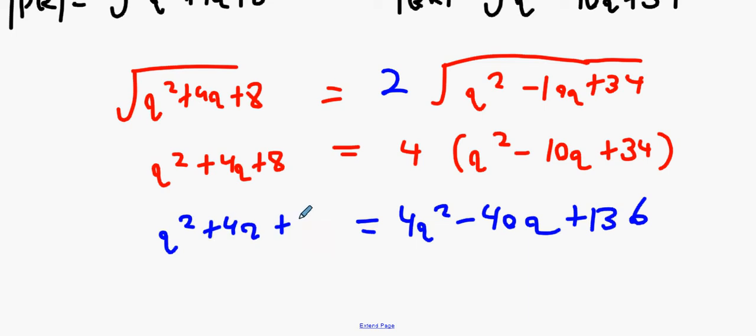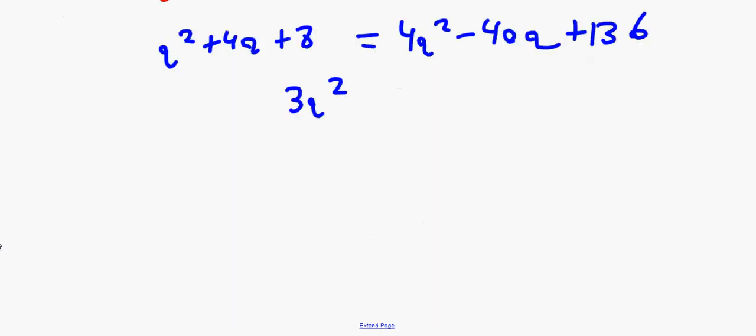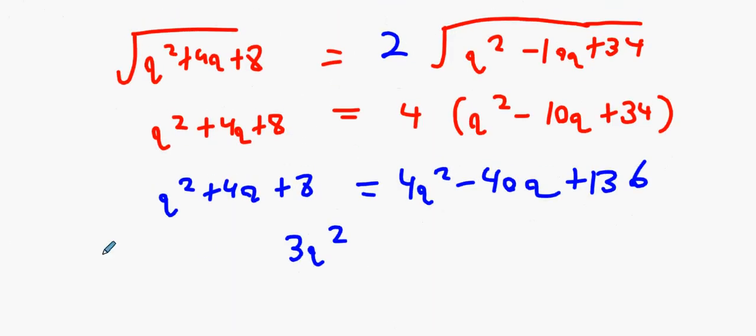Then what do you do? Everything onto one side. I'm going to get 3q squared minus 44q. 136 minus 8 is 128.